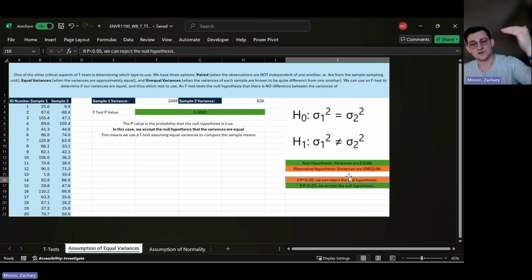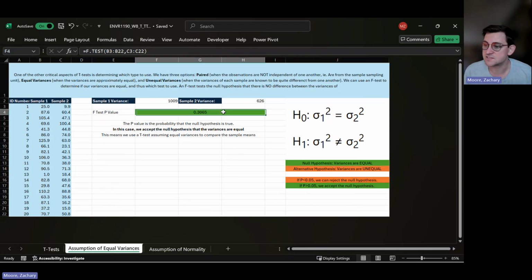If it's greater than 0.05, we can't reject the null hypothesis, and then that means that they're equal. And so I've outlined that here with colors, right? Our null hypothesis is that our variances are equal. If our p-value is higher than 0.05, that means, yes, they are equal. We have to accept that null hypothesis.